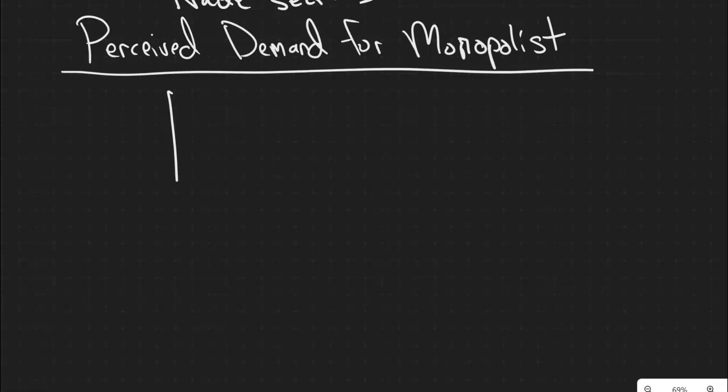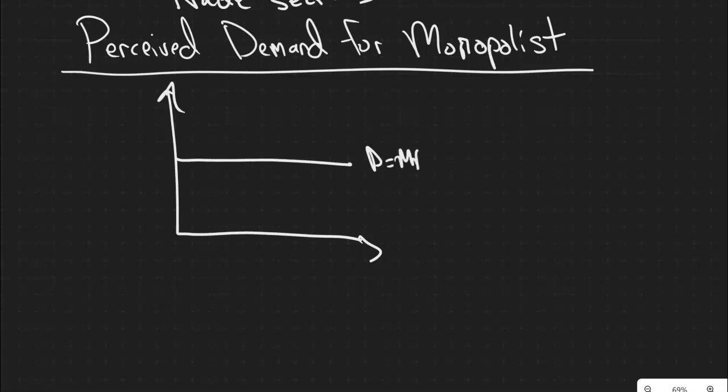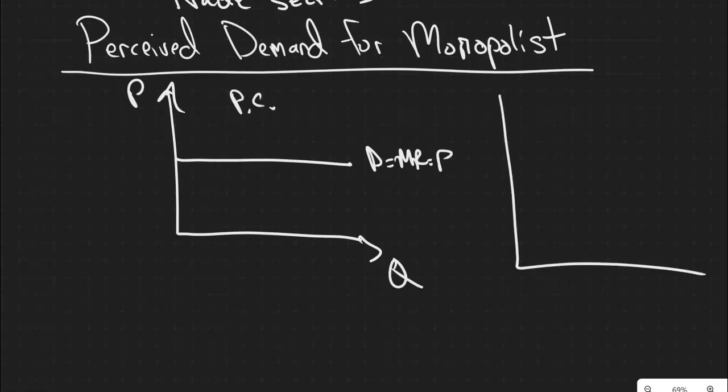So before, we had a perfectly competitive firm, and their individual demand curve was flat, right? This was their demand equals marginal revenue equals price. This was our former situation in the perfectly competitive world, right? Now that we're in the monopoly world, how are monopolists different than perfectly competitive firms?